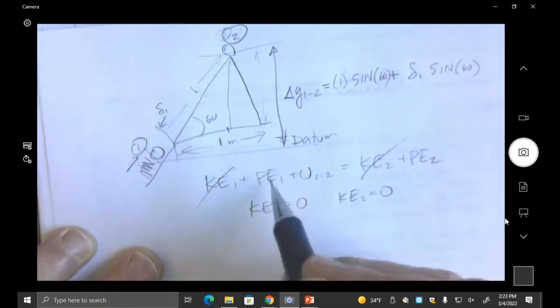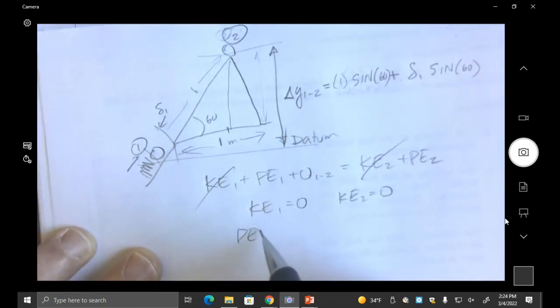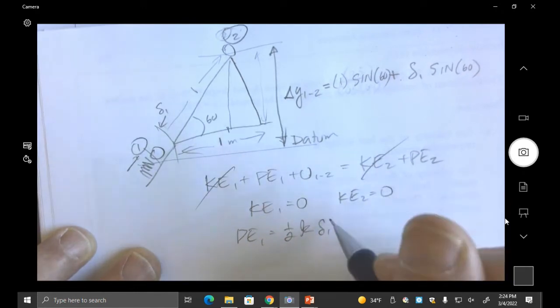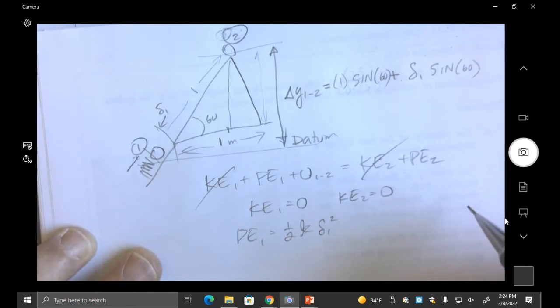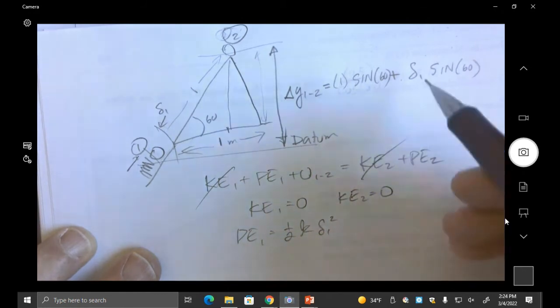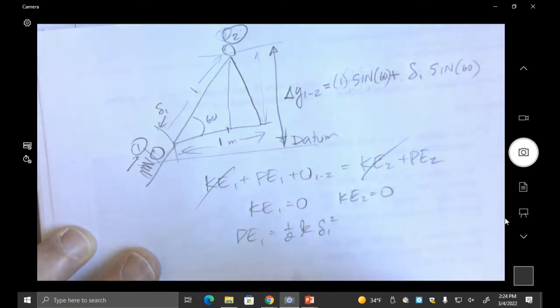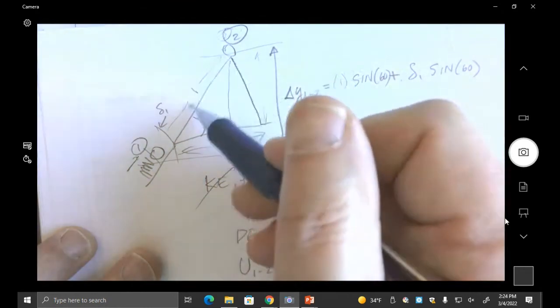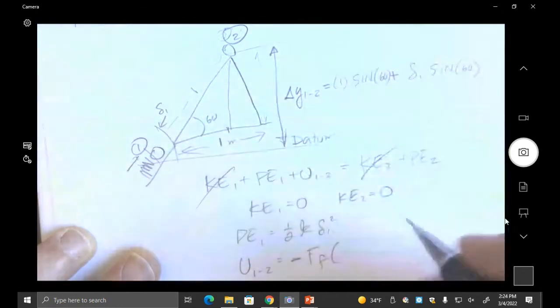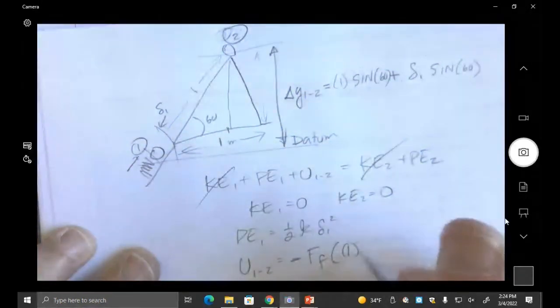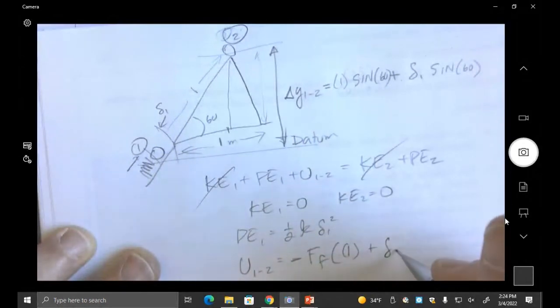Now the PE1 is going to be 1/2 K del 1 squared, right? Del 1 being the thing that we want to try to get. The work now is going to be negative friction force times this entire distance, which is going to be 1 plus del 1.